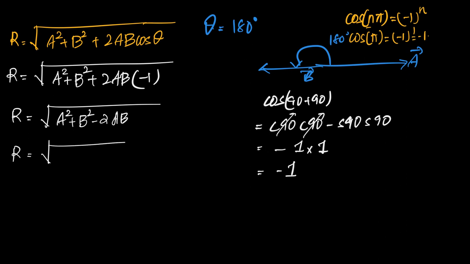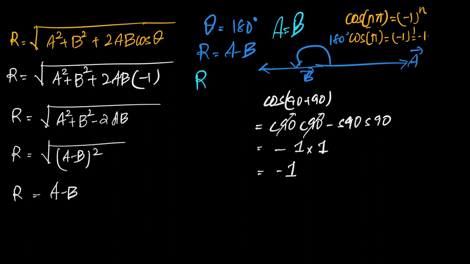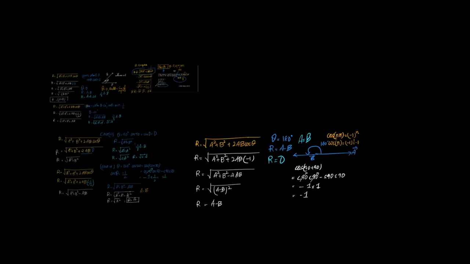Therefore, r is equal to root of (a minus b) the whole square, which implies r is equal to a minus b. So when theta is equal to 180, r is equal to a minus b, and when a is equal to b, r is equal to 0. These are the results which will definitely help you in doing problems later.